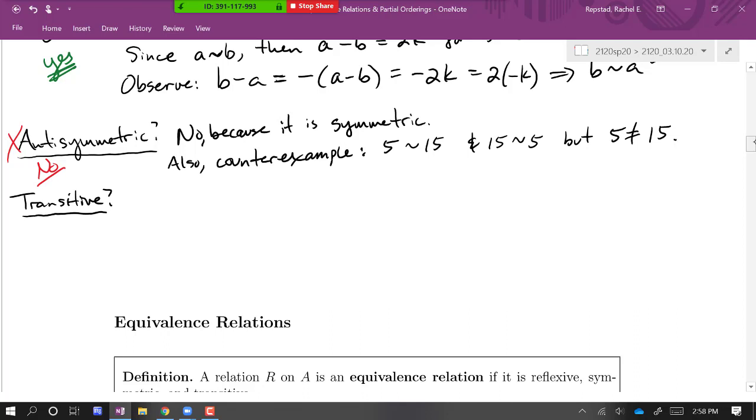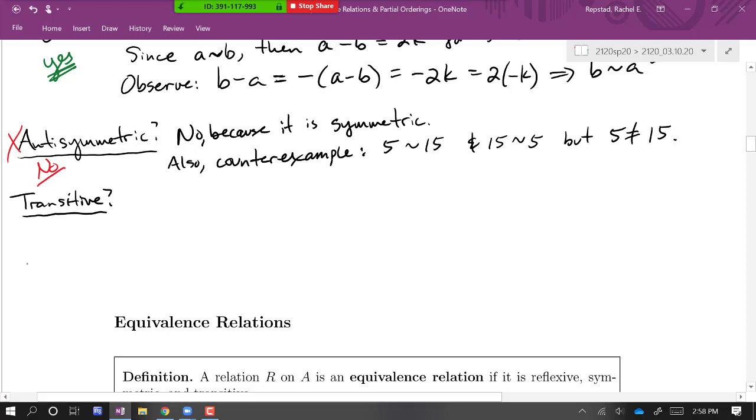In fact, let's start by using the 2 integers that Wesley picked before, 5 and 15. Can we pick a third integer that 15 is related to? 30? 30 minus 15 is 15, which is not even. 45.